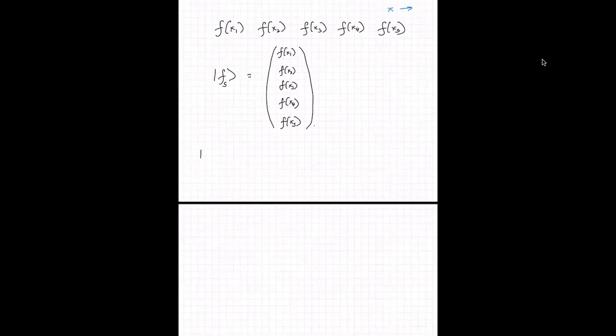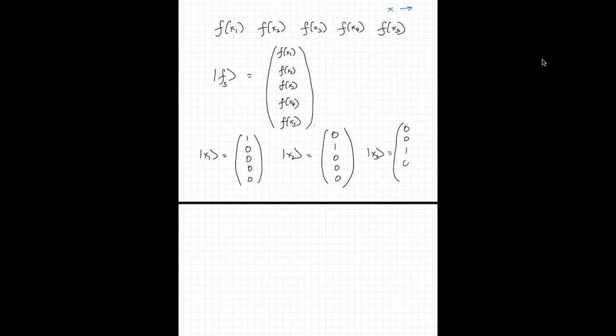My x1 would be 1 with 4 zeros. My x2 would be 0, 1, 0, 0, 0, and so on and so forth, right? My x3, I can think of it as 0, 0, 1, 0, 0. x4 and x5 similarly. I will simply write this down for completeness' sake, 0, 0, 0, 1, 0.